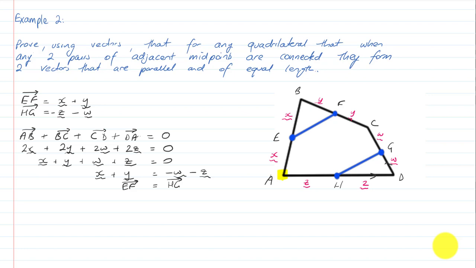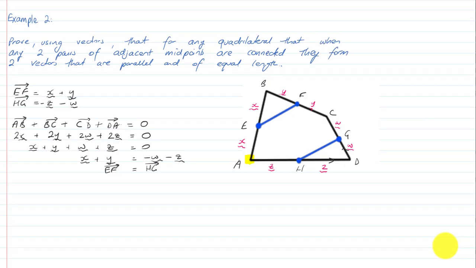And so I've proven they're equal. They're equivalent vectors. They're exactly the same. That proof is fairly simple, but it proves something that might not actually seem that obvious, but you draw any quadrilateral at all, and this will be true. Okay, so that's example 2.